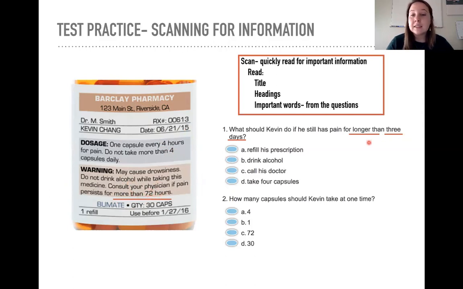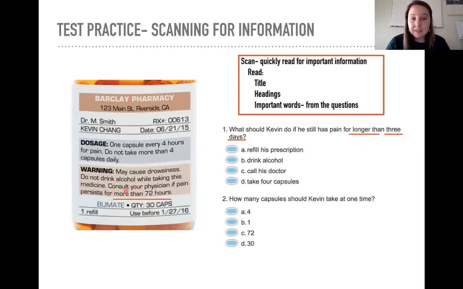So that is the same as 3 days. 72 hours is the same as 3 days. And it talks about more than 3 days, more than 72 hours. So longer than 3 days. Once you have found the important words that you're scanning for, then go back and read the full section.